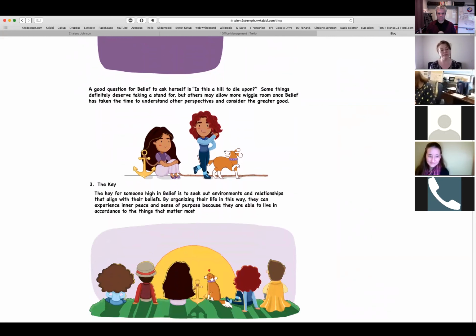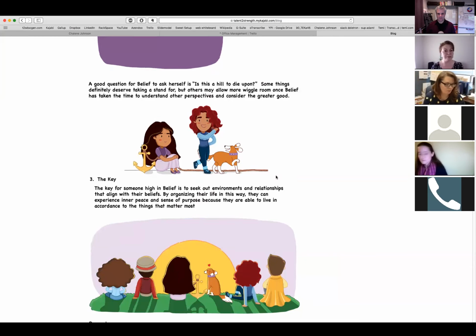One thing I would suggest that you might see as a rut with Belief is that, and I'm definitely not saying this about you, Teresa, I've seen it with other people with Belief, if someone tries to talk them out of something that they're very firm about, and this does not have anything to do with religion, potentially, it can be anything, they can get a little bit defensive or have that rigidity around it. And that's something that, Adam, if you scroll down, I think we included in the bullet points.